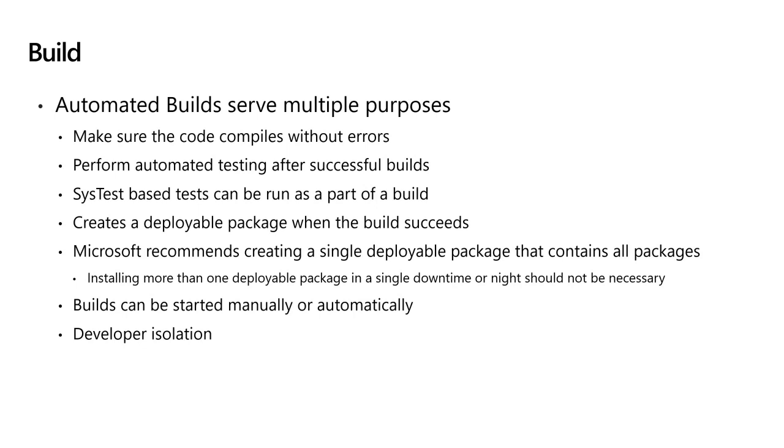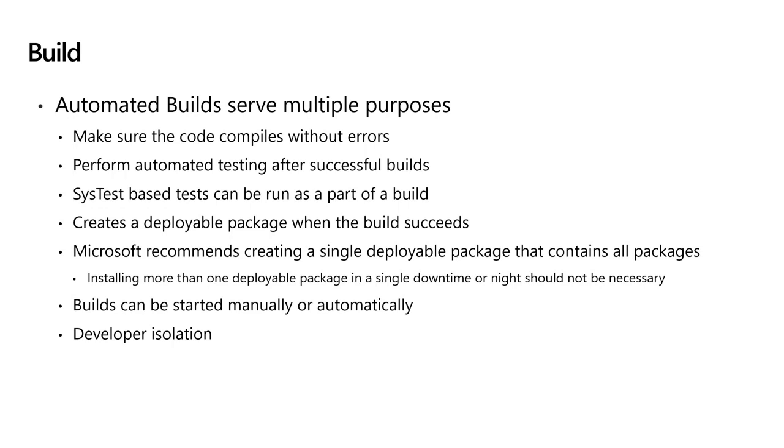And it's a way to create a single deployable package that contains all of your packages. And the reason we recommend that is because installing more than one deployable package in a single downtime or night should not be necessary and it takes longer because of the lead time to install a package on production.